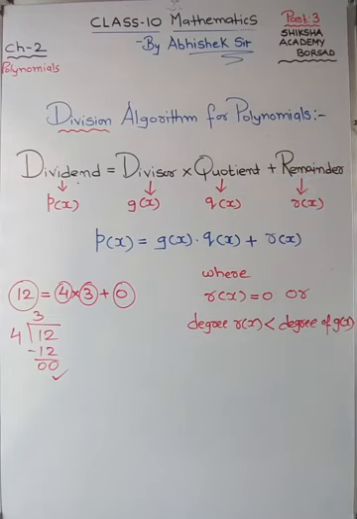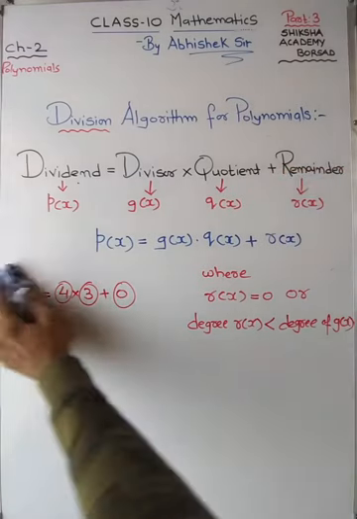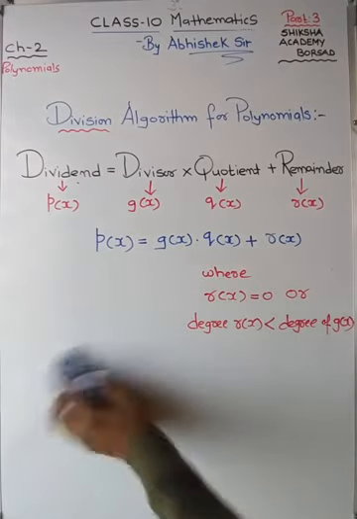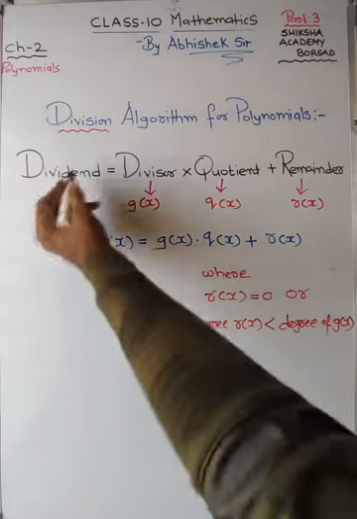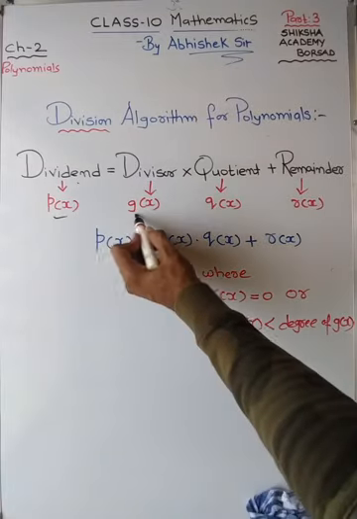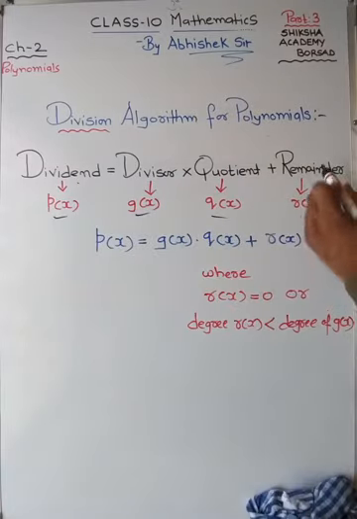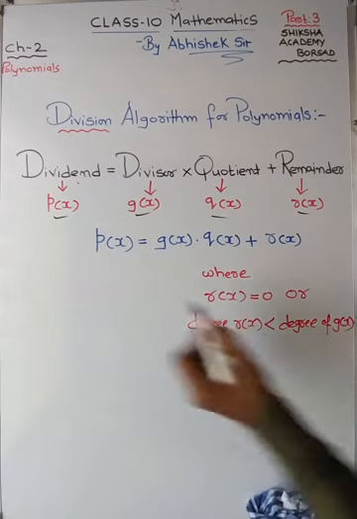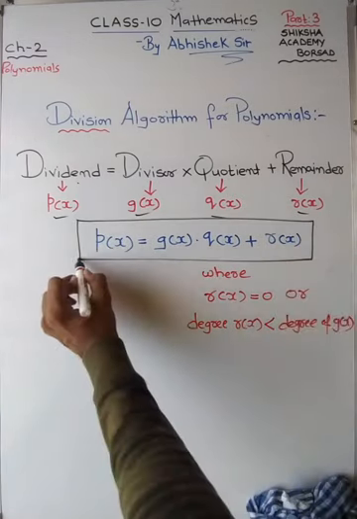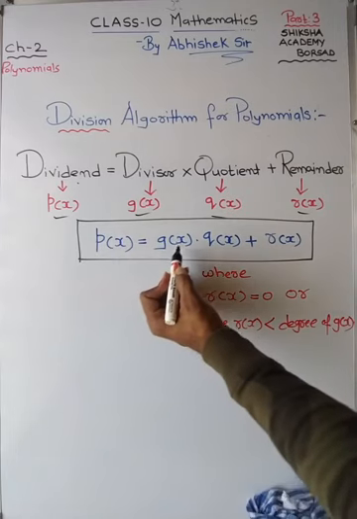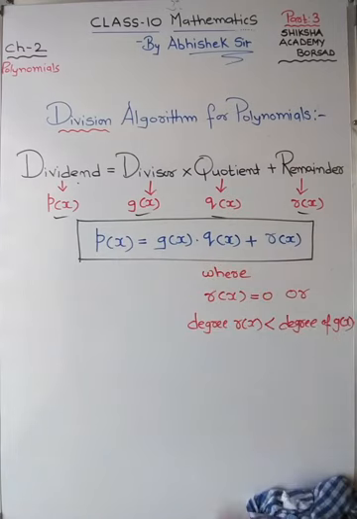Now if you represent the dividend by p of x, the divisor by g of x, the quotient by q of x, and the remainder by r of x, what will be the formula? It will be p of x equals g of x into q of x plus r of x.